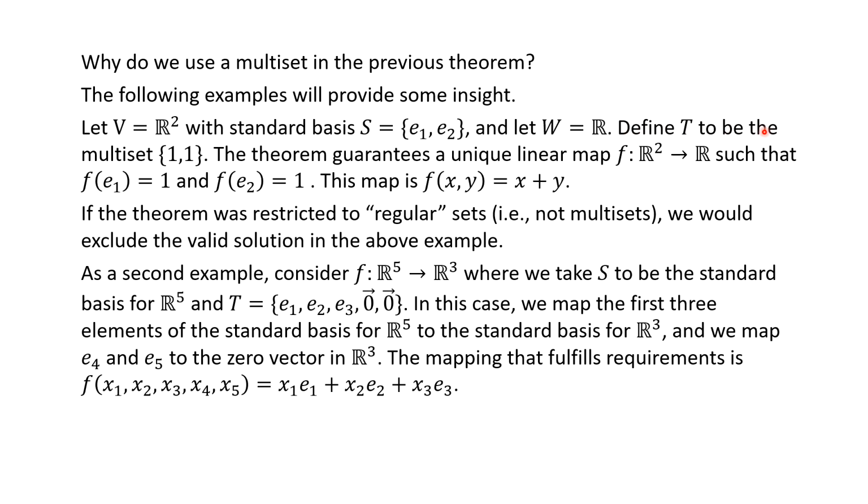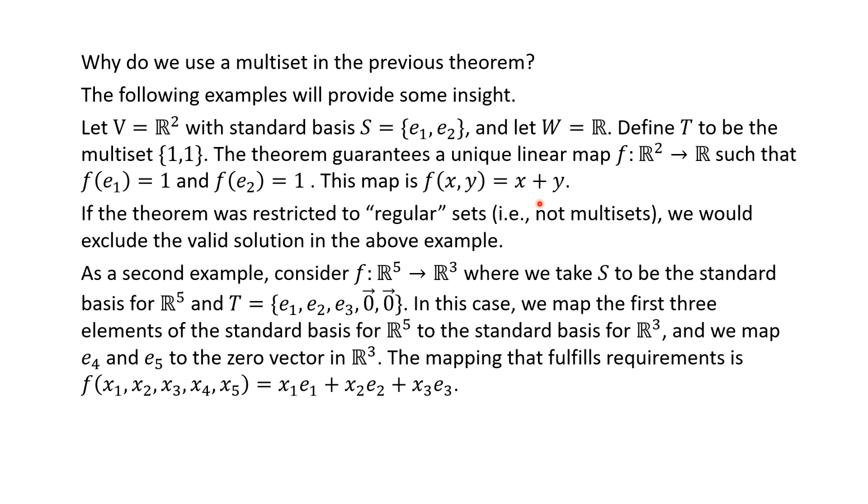Then we can define T to be the multiset 1, 1, and the theorem guarantees a unique linear mapping from R2 to R such that f evaluated at E1 is 1, and f evaluated at E2 is 1. And that map is actually f of (x, y), an element from R2, equals x plus y.